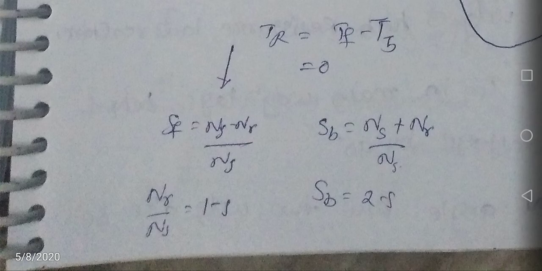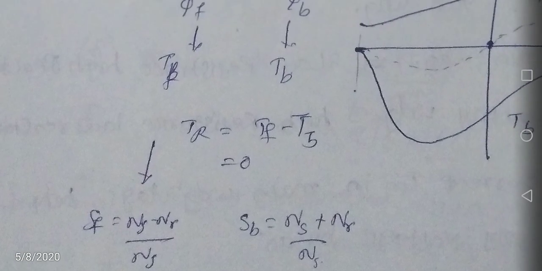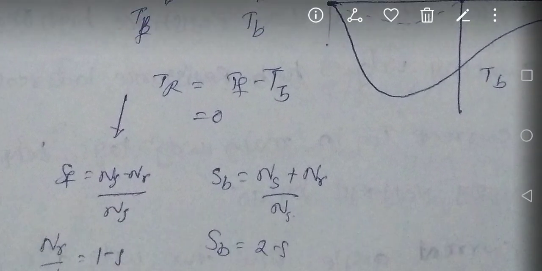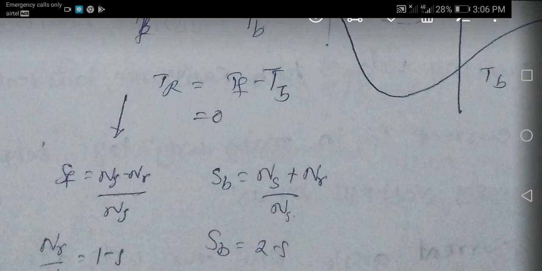Substituting 1 minus S for NR by NS, SB, the backward slip, equals 2 minus S.